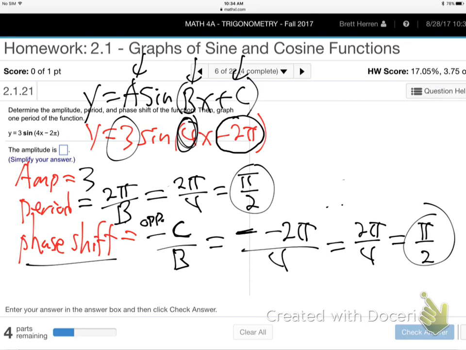Are you with me? Did that make sense? And the phase shift, what is the phase shift? That's where the graph starts.